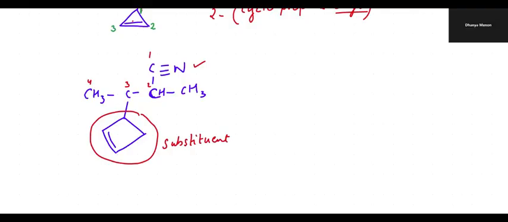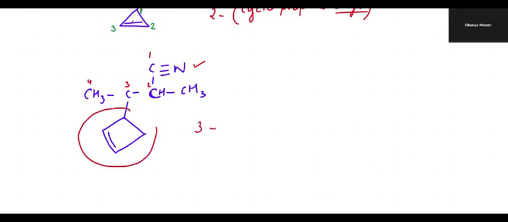Okay, now at the third position, I have the substituent. This is our cyclic substituent, which I also have to number because you can see there is a double bond. So 1, 2, 3, 4.